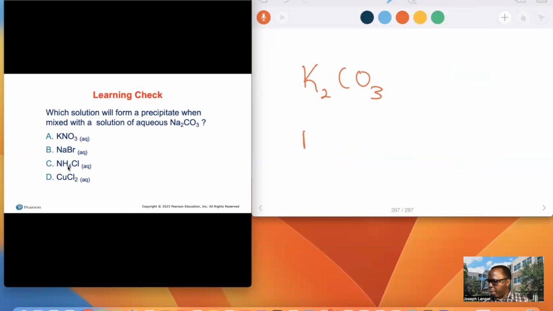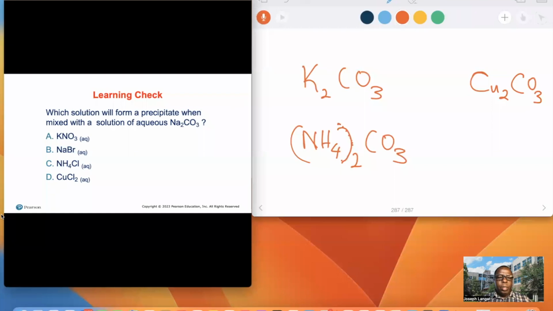How about ammonium carbonate? Ammonium in parentheses there, and carbonate, and copper 2 carbonate. In order to predict for this, it's not something you can just look at and recall some of the rules. But if you use the solubility chart, you will notice that this is soluble, this is soluble, this is insoluble. It will form a precipitate.